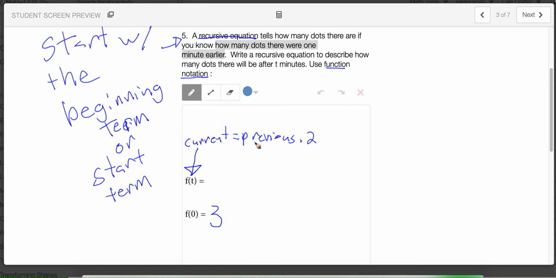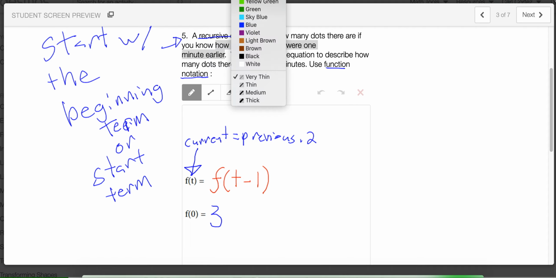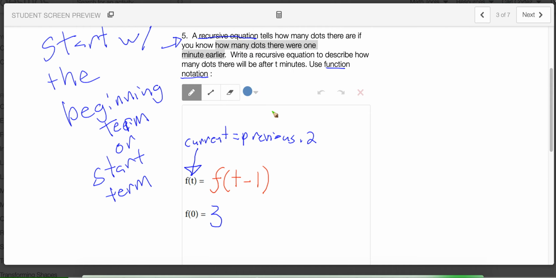And the previous, we can refer to that as f of t minus 1. And then what else do we need for this part of the equation? Hopefully you're saying times 2. And boom, that's our recursive equation that would work here. Pause the video or copy this if you don't have it.